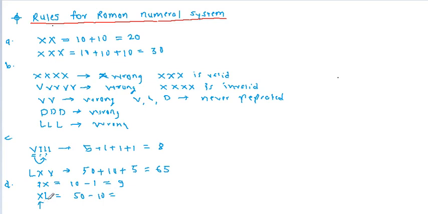So we get the number 40. Also, if we write X to the left of C, the value of C is 100, so we subtract 10 from 100. So XC will become 90.